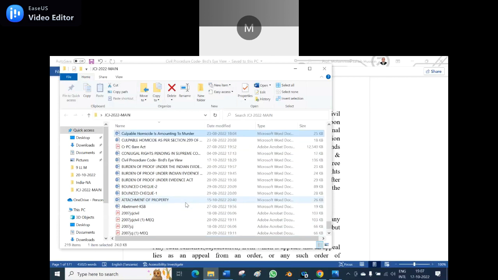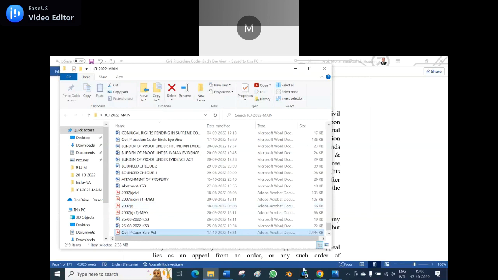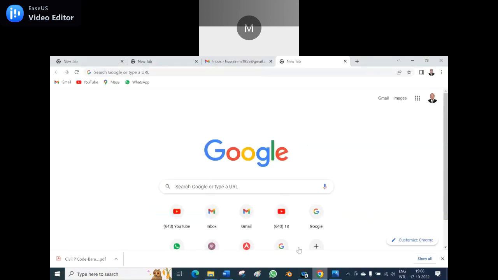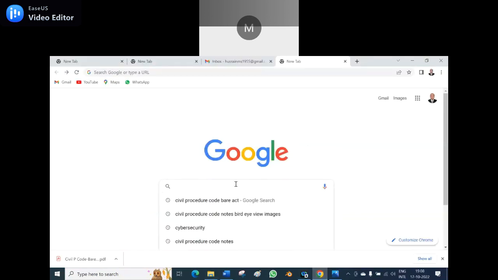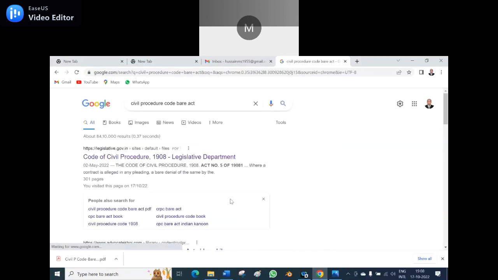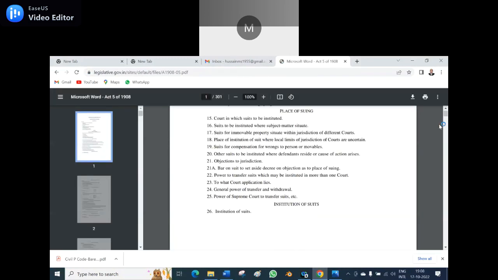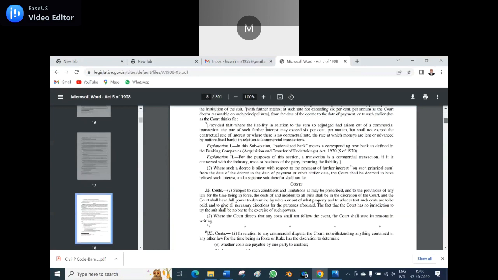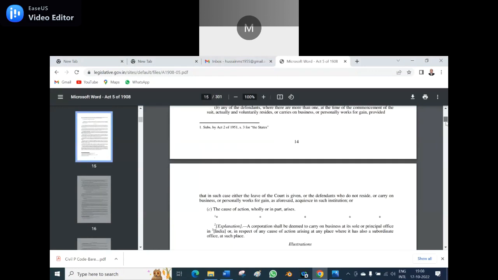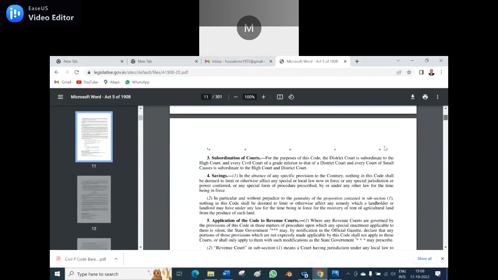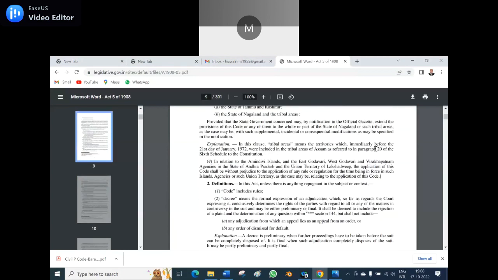Let me check because I downloaded the Civil Procedure Code just now. Let me see whether it is section 2, clause 2 or section 2, subsection 2.